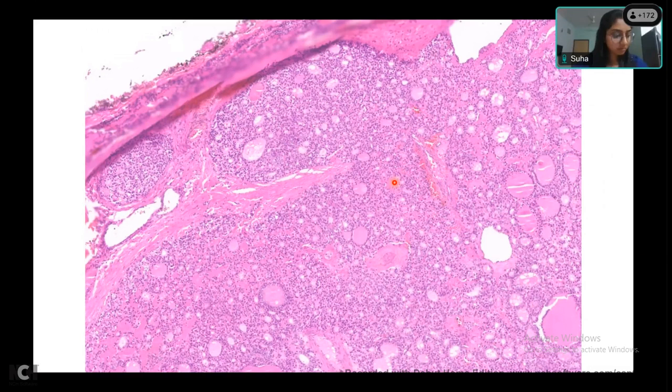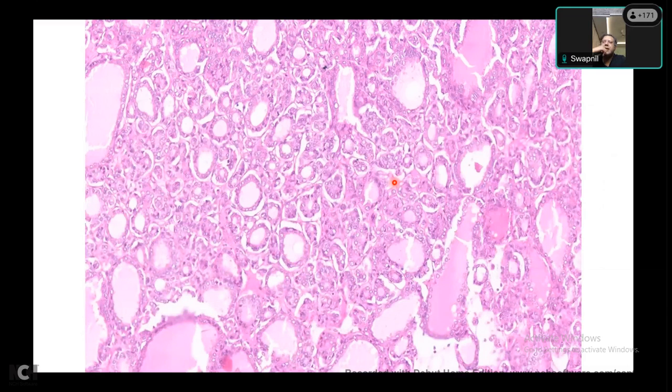And so this is good enough for a capsular invasion. If there is no vascular invasion and no nuclear features of PTC, I would call it minimally invasive follicular carcinoma. But if on high power I see nuclear features of papillary thyroid carcinoma, then I would call it invasive encapsulated follicular variant of PTC.